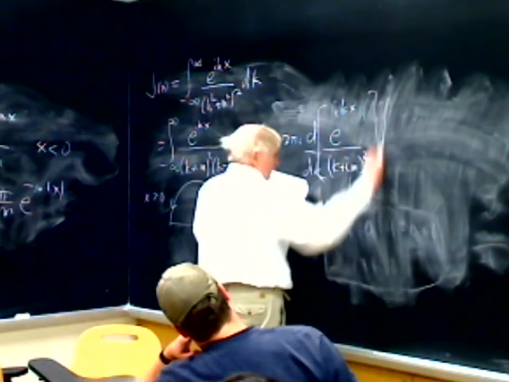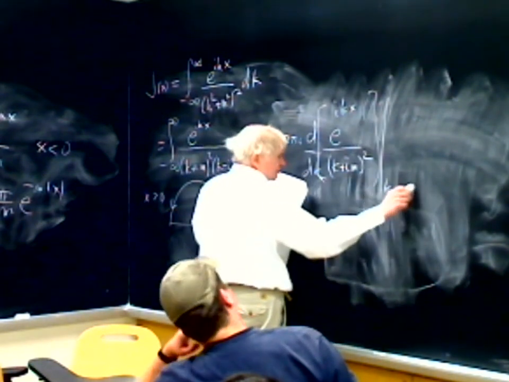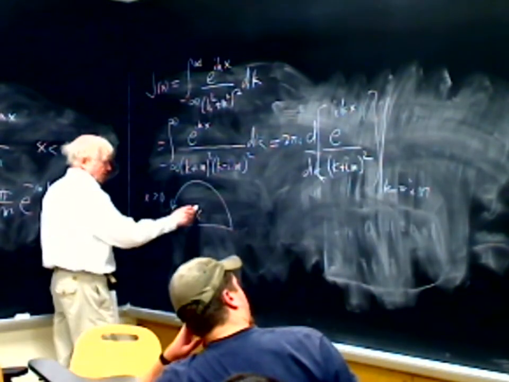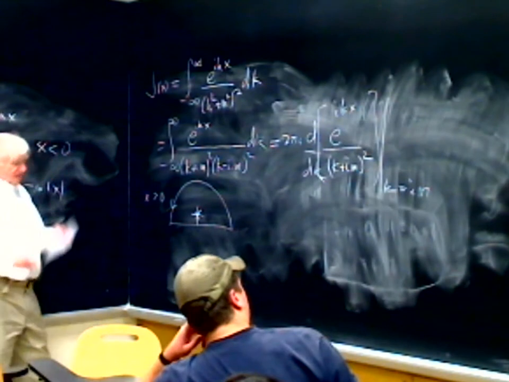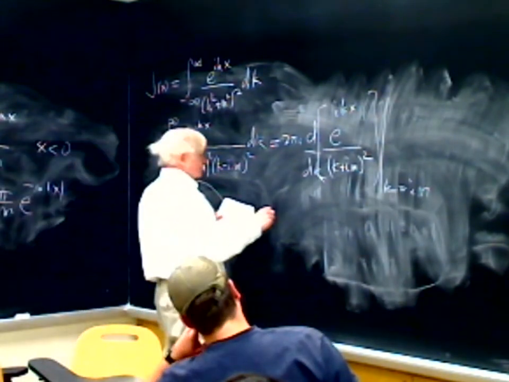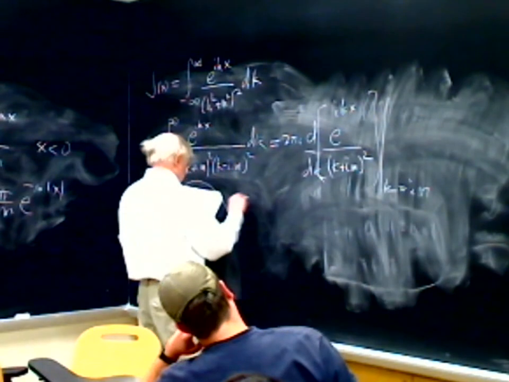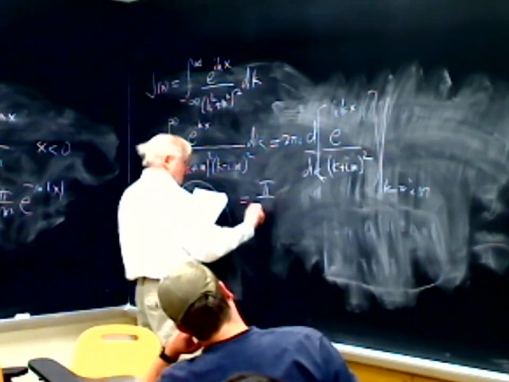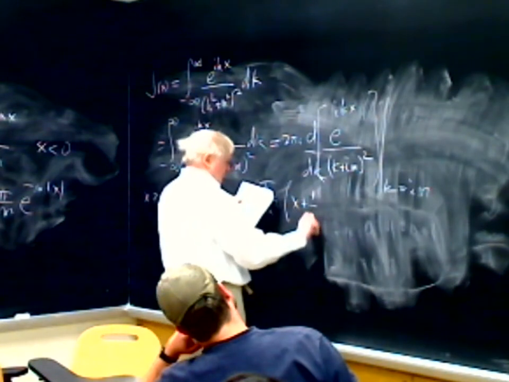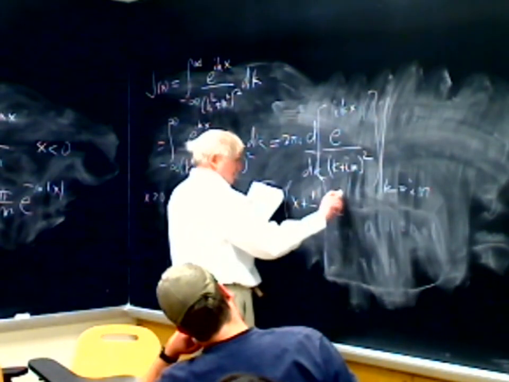Of course, evaluated at k equals im, which is this pole here, so there's a double pole there. And that, in fact, is equal to pi over 2m squared, x plus 1 over m, e to the minus mx.